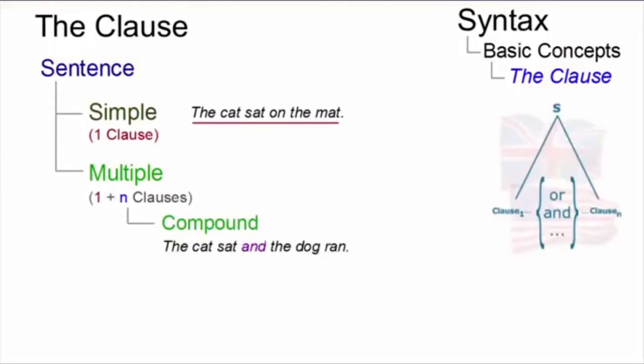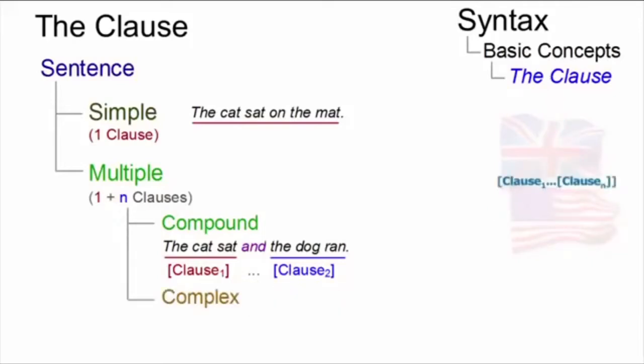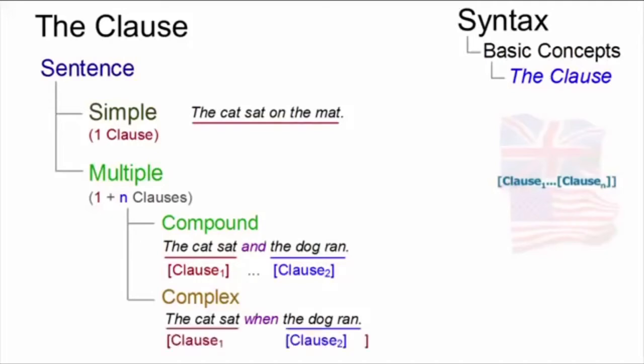In compound sentences such as "the cat sat" and "the dog ran," the clauses are coordinated with each other by means of a coordinator. The most familiar coordinators that are used to coordinate clauses are the conjunctions and, but, and or. Complex sentences such as "the cat sat when the dog ran," by contrast, consist of a main clause and one plus any number of subordinate clauses.